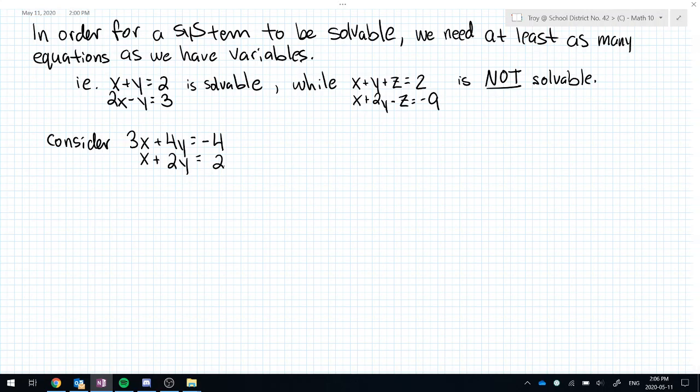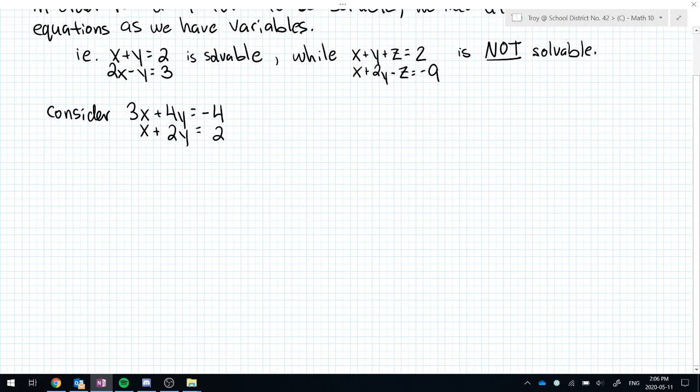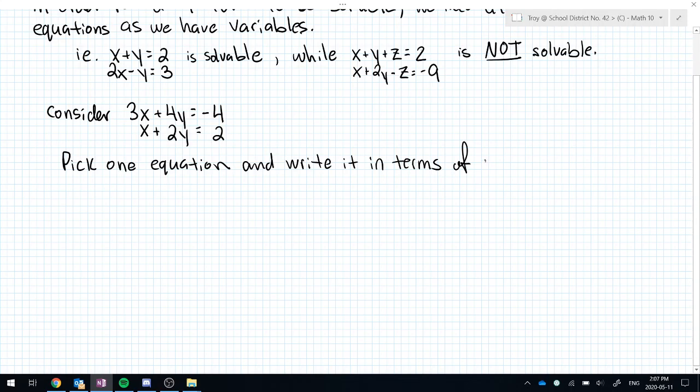So in order to begin the substitution method, we have to pick one of these equations from the system, and write it in terms of one of the variables.